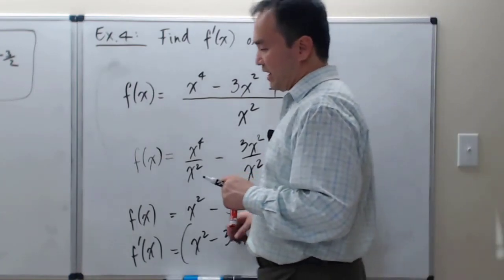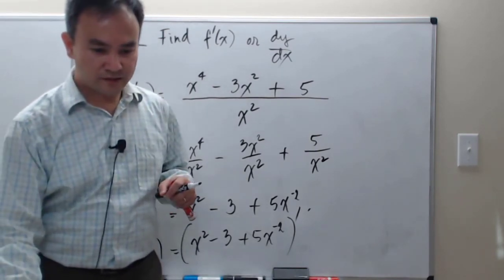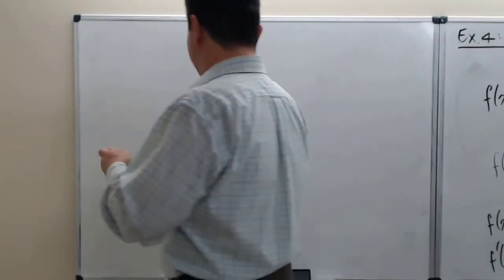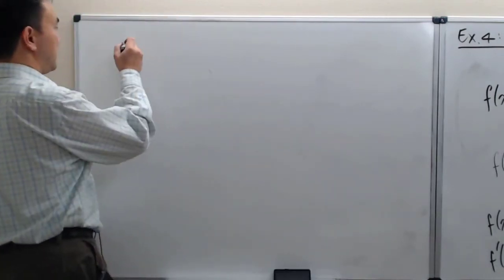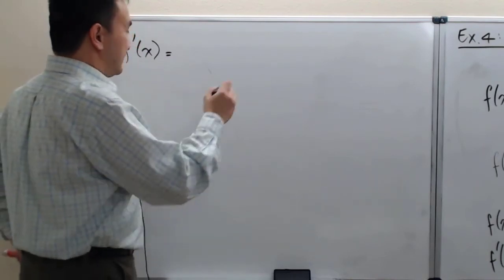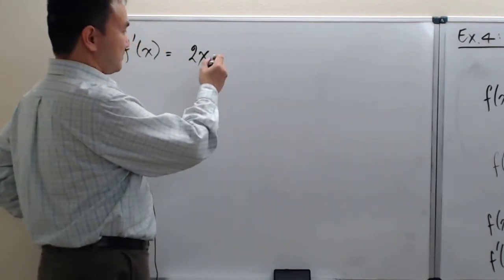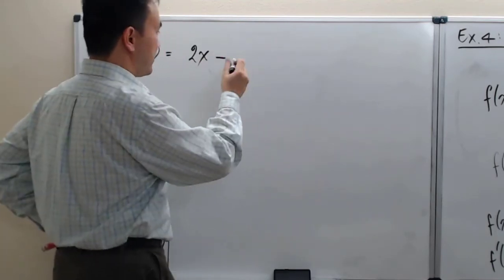I am going to move over to my other board, but leave me about a minute to erase. All right, so now term by term, my final derivative is going to look as follows. 2x is my first term. The middle term is a 0.